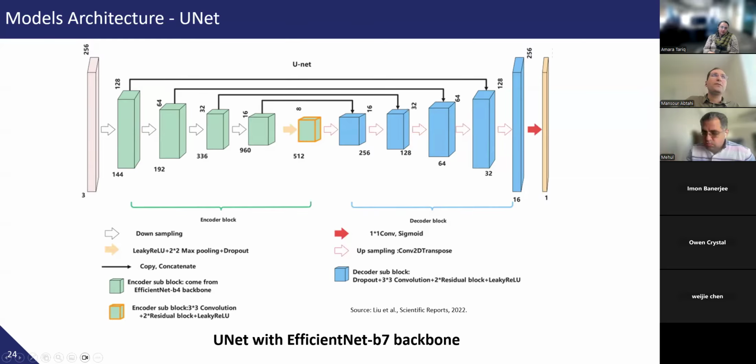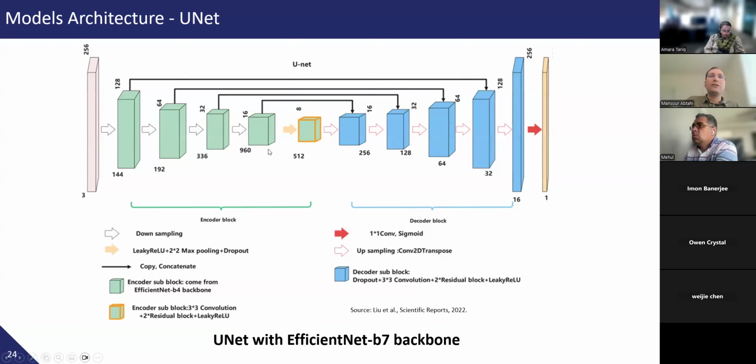The first one is UNet architecture. The backbone of the UNet architecture that had the highest performance is EfficientNet V7. Most of you know about the UNet architecture, and it has an encoder and decoder and some skip connections.